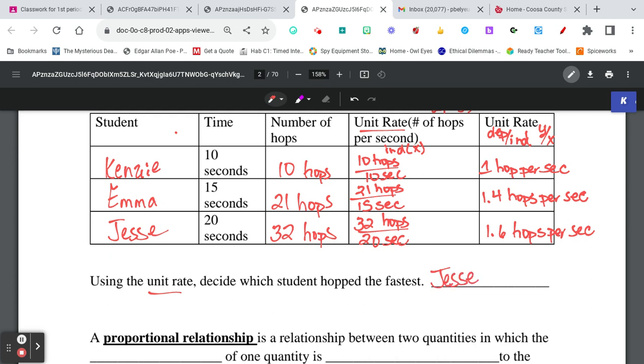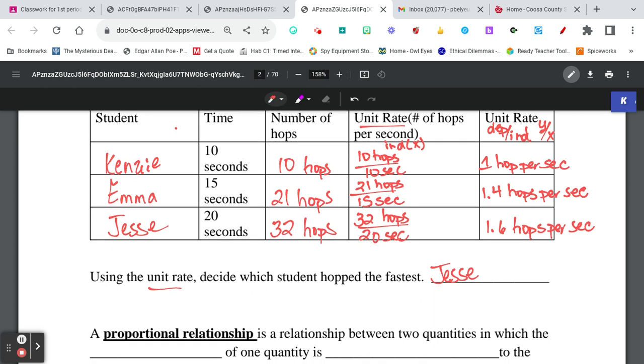The slowest would be Kenzie. All right, so a unit rate is used to make comparisons. We use it to make comparisons easy. That's why we use it, okay?